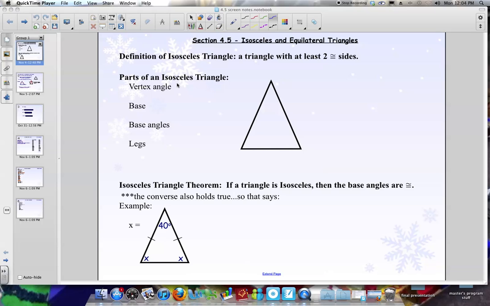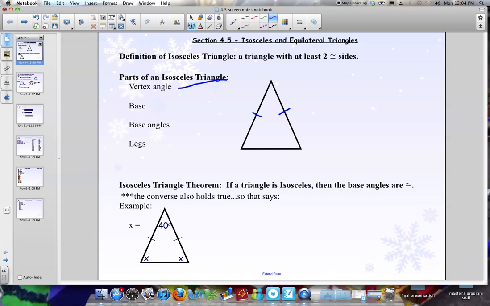The vertex angle is the angle that sits in between the congruent sides. So our vertex angle in this case would be right here. The base is the side that is not one of the congruent ones.